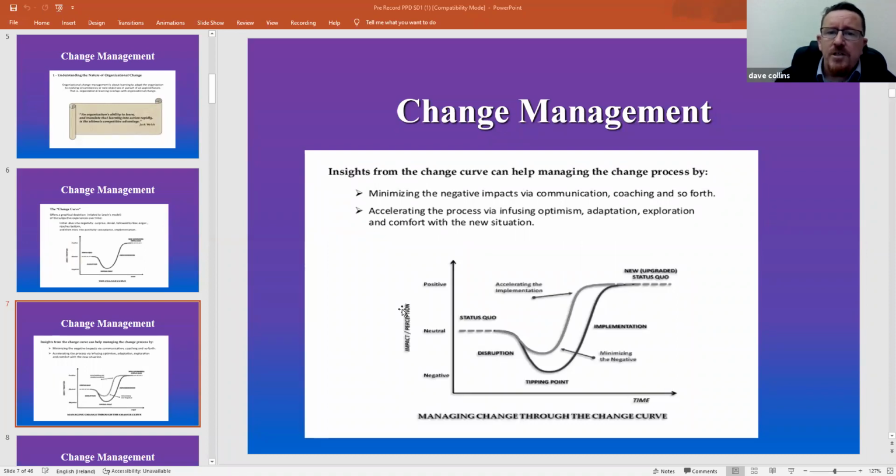Right, insights from the change curve can help managing the change process by minimizing the negative impacts via communication, coaching, and so forth. And accelerating the process via infusing optimism, adaptation, exploration, and comfort with the new situation.